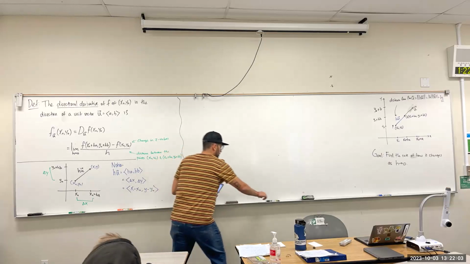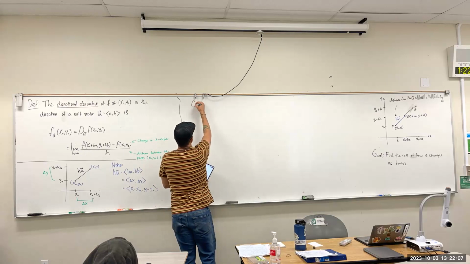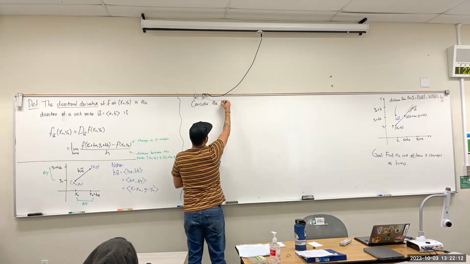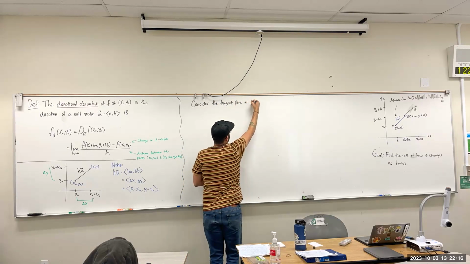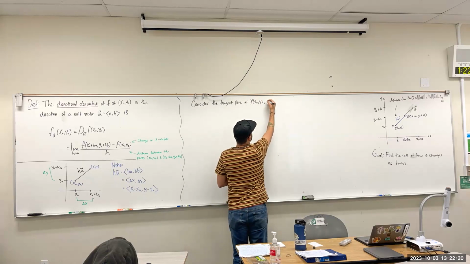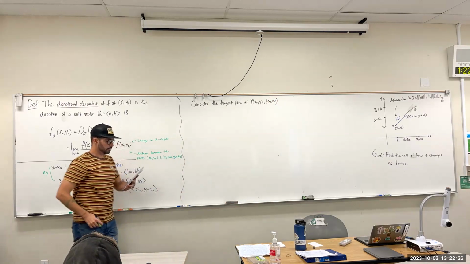Imagine there's a tangent plane at that point P. So consider the tangent plane at that point, x naught, y naught. And instead of z naught, I'm just going to call it the output of the function, f(x naught, y naught).